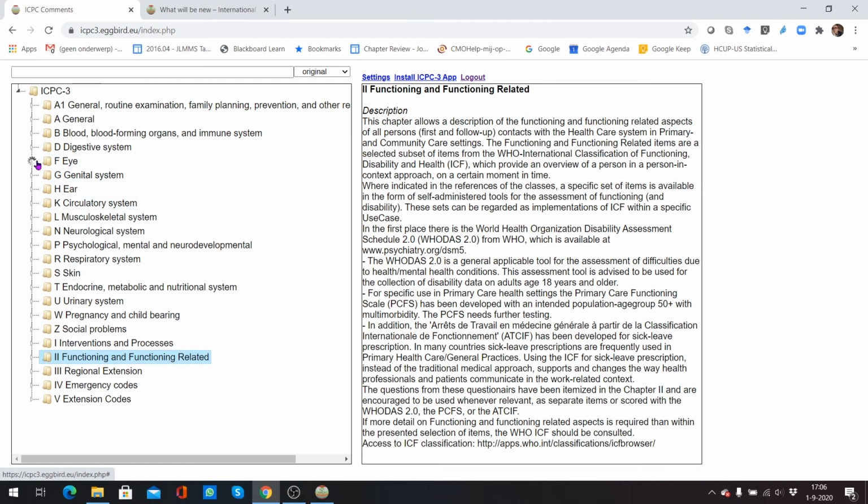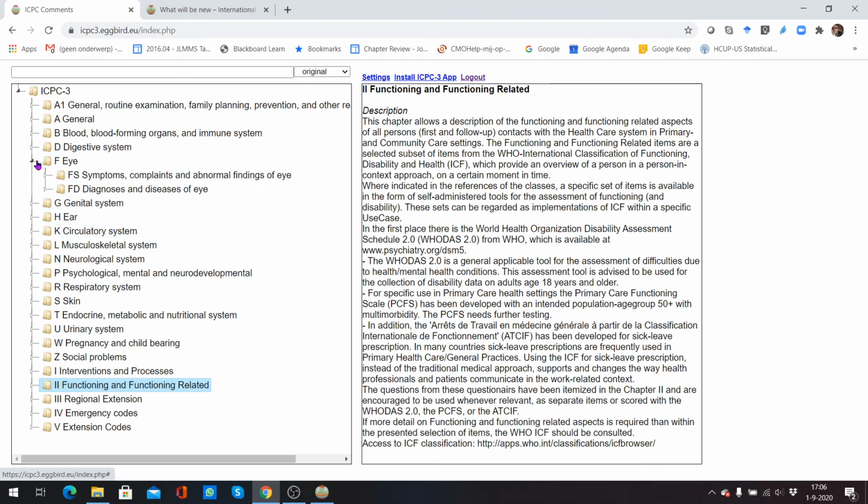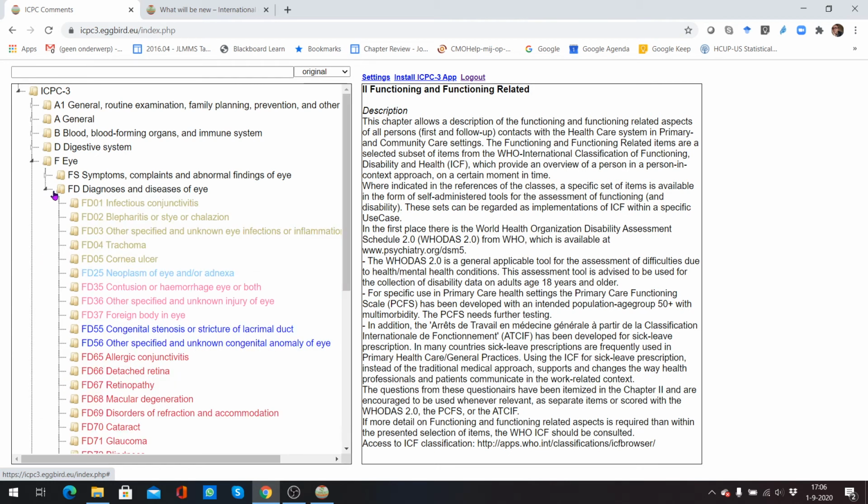Let's go to the I. Component S for the symptoms and component D for the diagnosis. The classes show a color, and the color attributes in the disease component indicate the etiology, such as the infections, neoplasms, the traumata, the congenital, and the other.